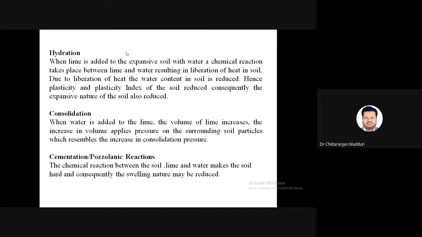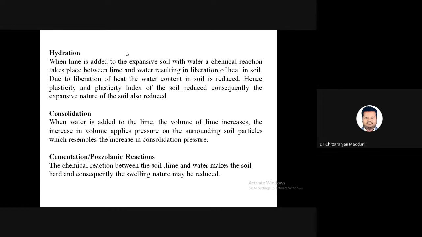When lime is added to the soil mass, lime occupies the void spaces of the soil mass. This lime tends to increase in volume, and as the volume increases, it applies pressure on the surrounding soil. That's why the soil may be consolidated.